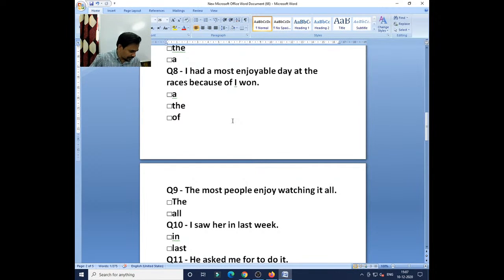We have to select it and remove it. Number 8, Dhanasri, you have given of. Okay, very good, correct. I had a most enjoyable day at the races because I won. Because of I won, no, of is incorrectly used here. So we have to remove it: because I won.